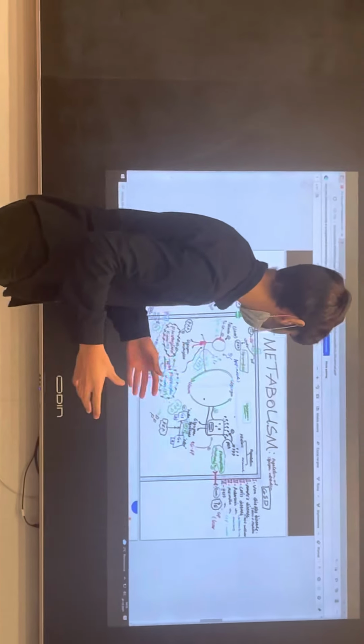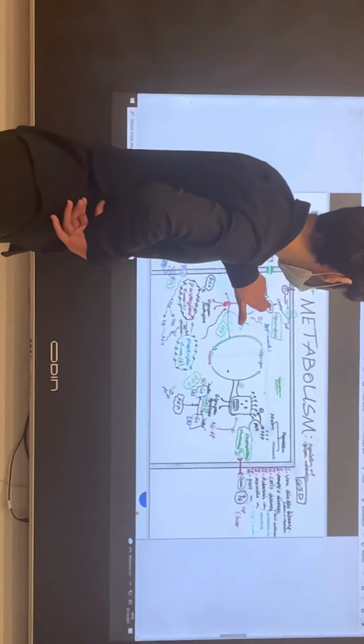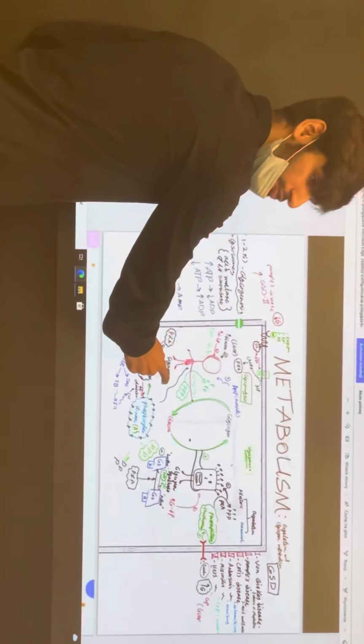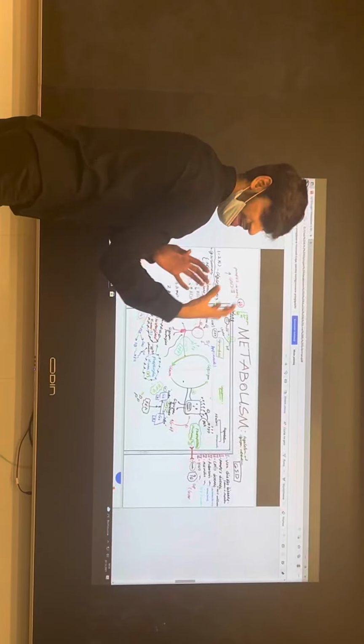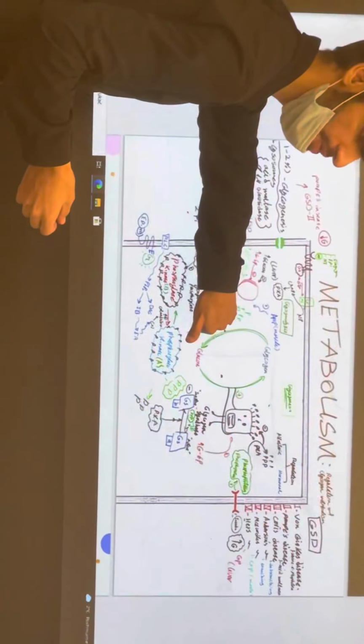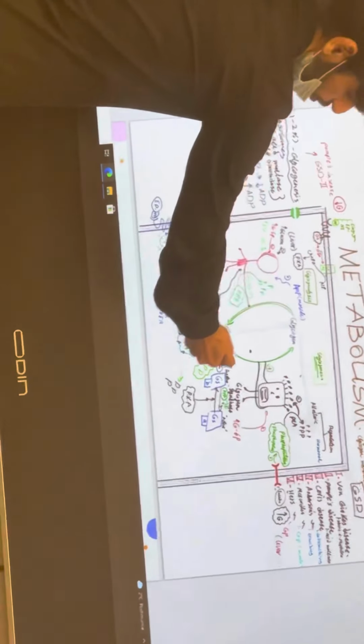So we can say that when protein kinase A phosphorylates the glycogen phosphorylase, it becomes active, and glycogenolysis happens, and glycogen is broken down to glucose.